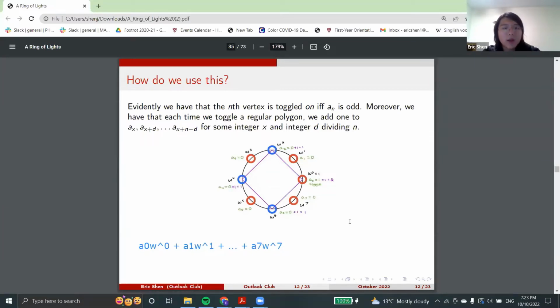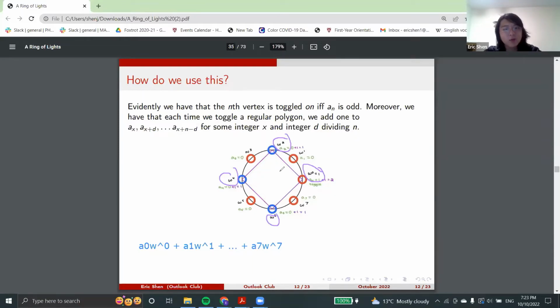Every time we toggle a regular polygon, we add 1 to an arithmetic sequence's worth of indices of these AJs. What that does to the sum is add omega to the x plus omega to the x plus e and omega to the x plus 2e, and so on. It adds these weights every single time. But we know that these weights for any regular polygon sum to 0 by our symmetry argument from before.